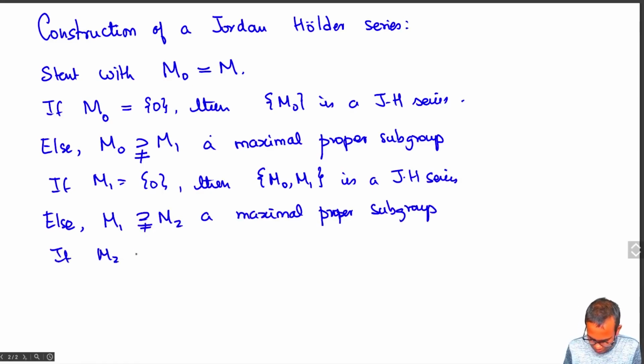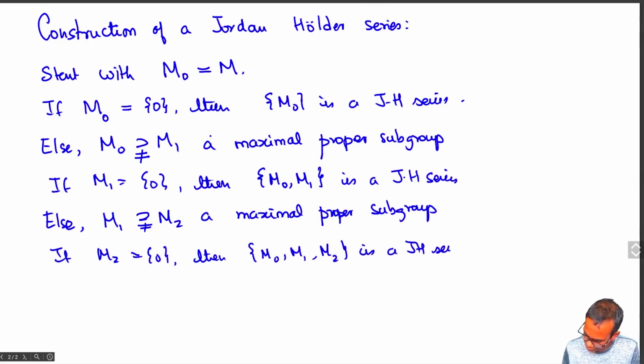If M2 is trivial, then M0, M1, M2 is a Jordan-Holder series, just because each of these quotients is simple, and so on.